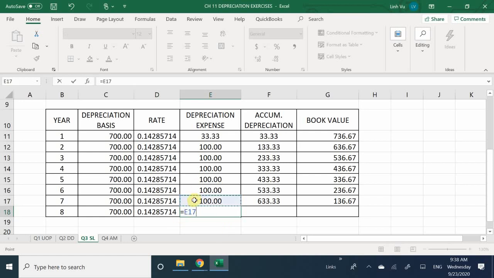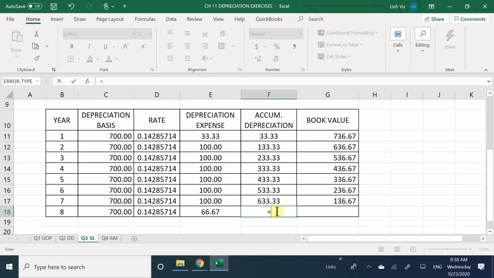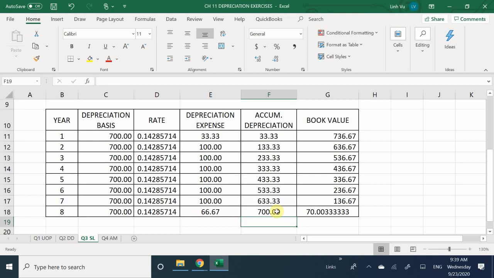So I could take this 100 times 8 months divided by 12. I should get 66.67. Okay? And if I were to add that to my 633.33, it should be 700 even.